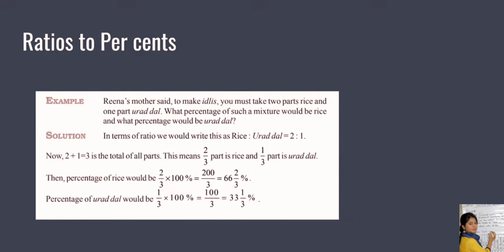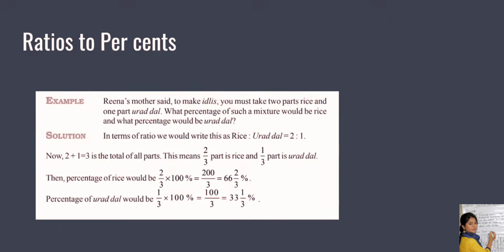Now we have to find the sum of all. So 2 plus 1, that is 3, is the total of all parts. This means that 2 over 3 part is rice and 1 over 3 part is urad dal. I hope you have understood. Then we are going to find the percentage. So for the percentage of rice, we need the percent sign, that's why multiplying by 100.